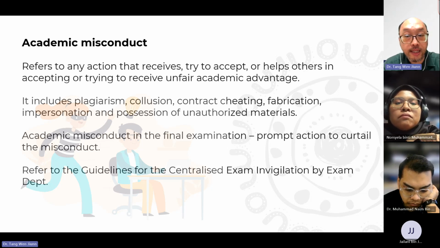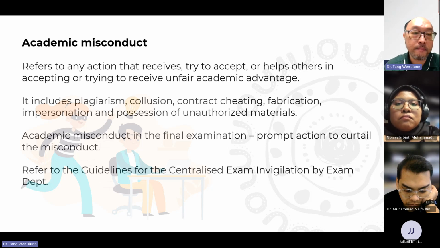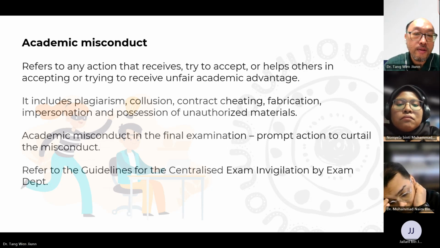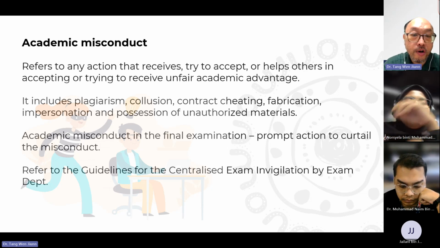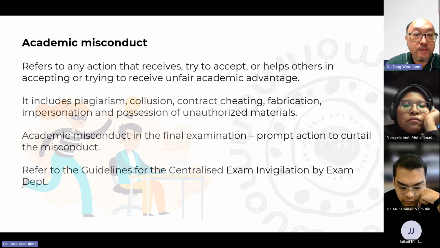In other words, cheating in the assessment. To be specific, over here we have plagiarism, collusion, contract cheating, fabrication, impersonating, and possession of unauthorized materials. So these are all the list.